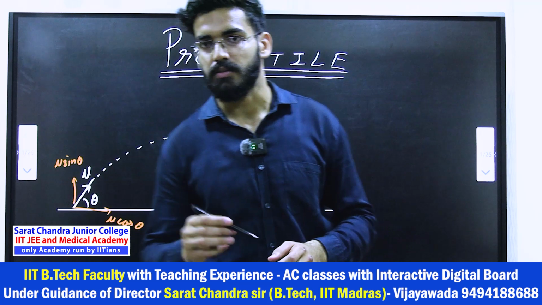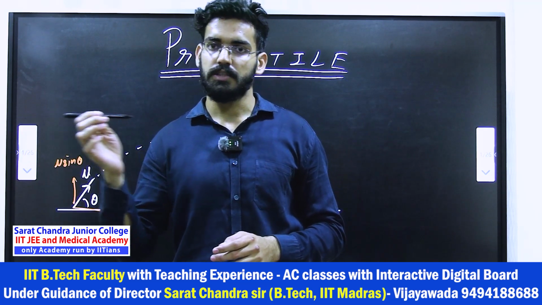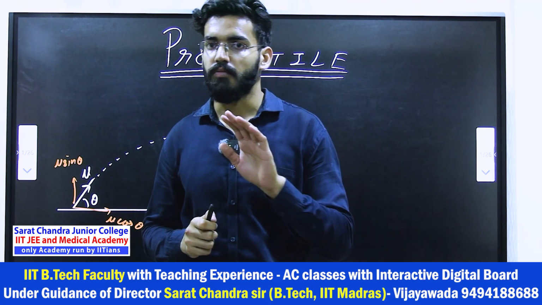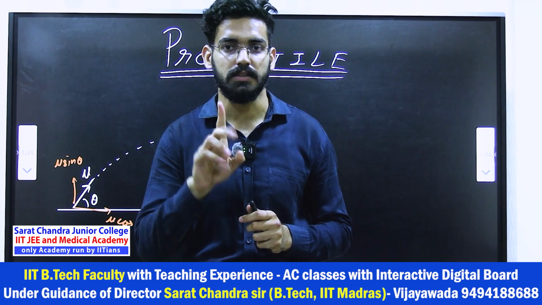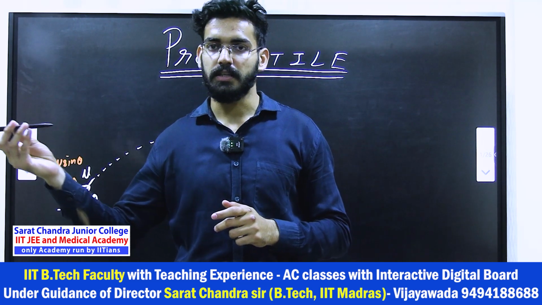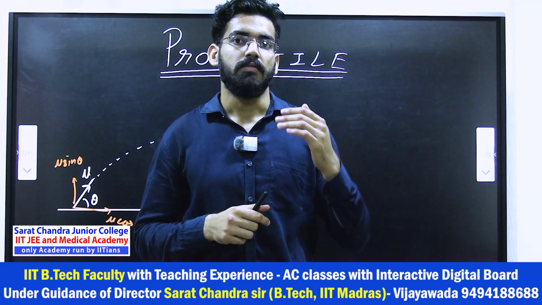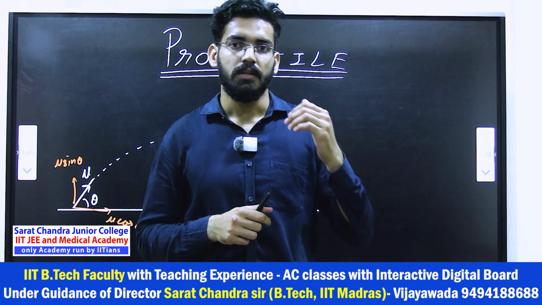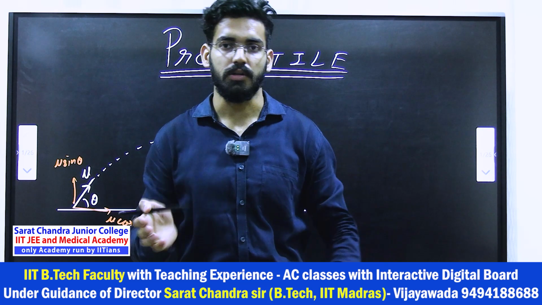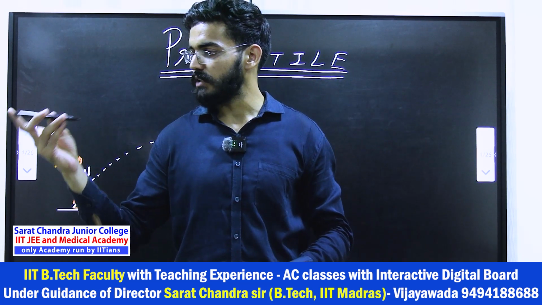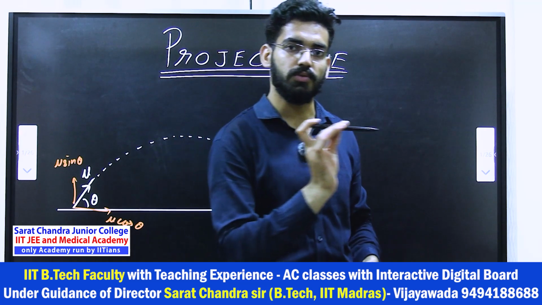Now consider this as a particle. When I'm talking about horizontal velocity, with horizontal velocity it is going. Why am I calculating the time period in the vertical direction, why not in the horizontal direction? First understand this thing. When I'm throwing the particle, let's keep horizontal velocity only. If we give u cos theta continuously, it will keep going with u cos theta.